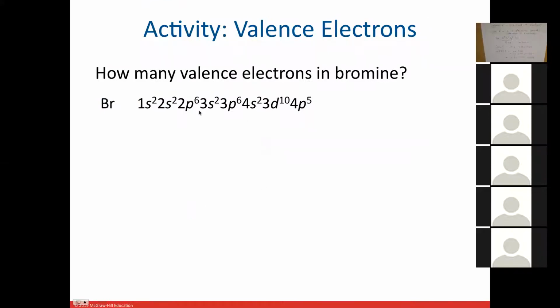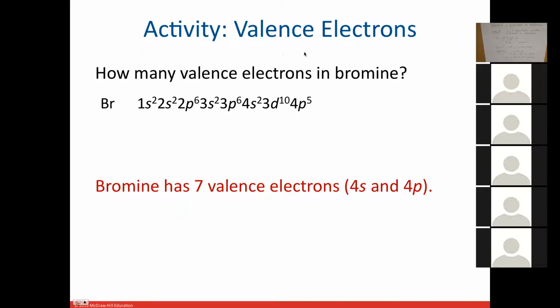So with bromine, we did this one, right? We look at the 4s. Let me annotate here. So n equals 4 is the highest, and so all those are valence.